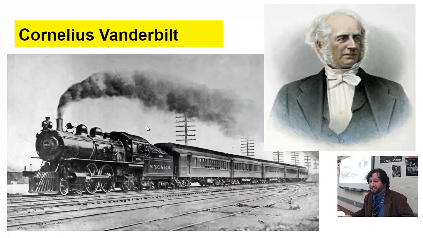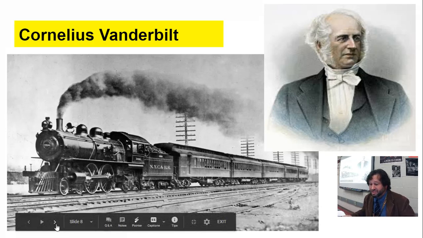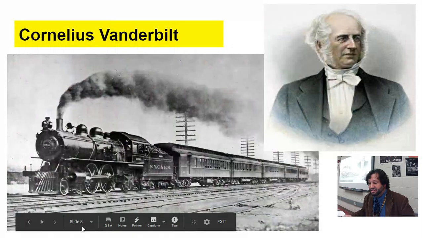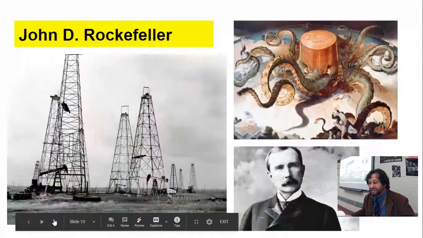And then we have another captain of industry, Cornelius Vanderbilt, really big with the railroads, and also he was big with shipping. He's going to pass away in 1877, so his descendants will take over. But before that, he was one of the biggest captains of industry with shipping, and then later he's going to go to railroads.